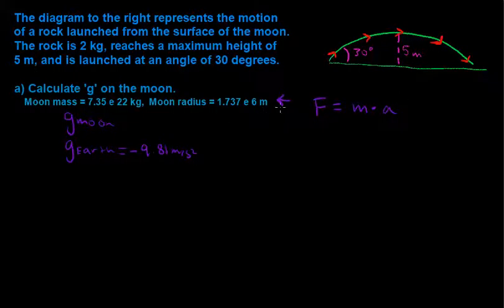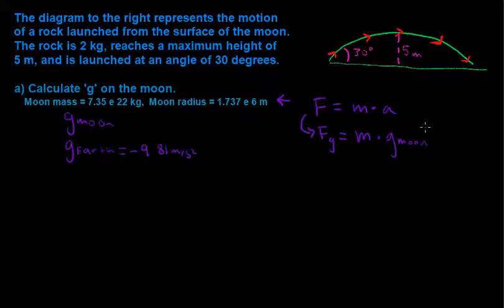And since our acceleration is actually acceleration due to gravity, we can change this to better fit what we're looking for. The force due to gravity is equal to mass times acceleration due to gravity. And we can subscript this to acceleration due to gravity on the moon.